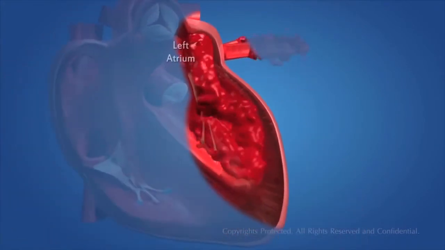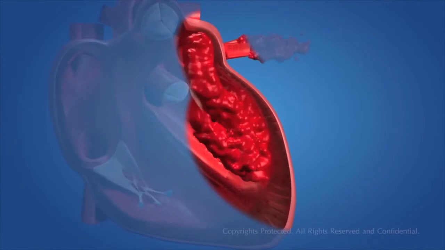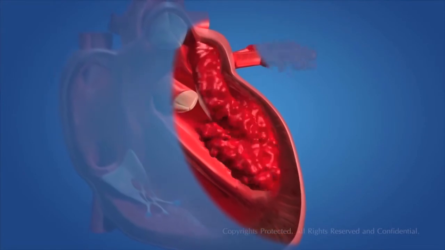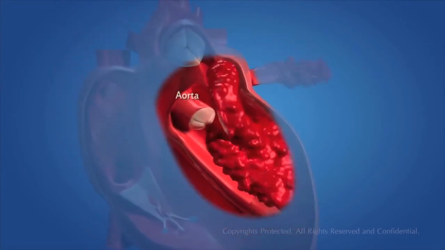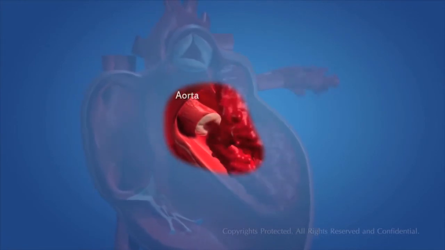Once it gets the oxygen it needs, it heads back to the heart, entering through the left atrium, through the left ventricle, and exits through the aorta to pump blood throughout the body.